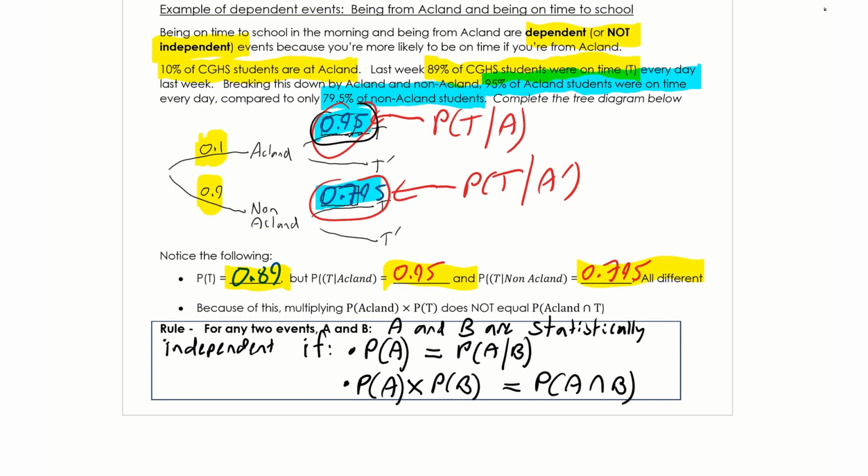And so I'm going to write that at the bottom. If either of these statements I've put here is not true, then A and B are dependent, which we also call not independent.